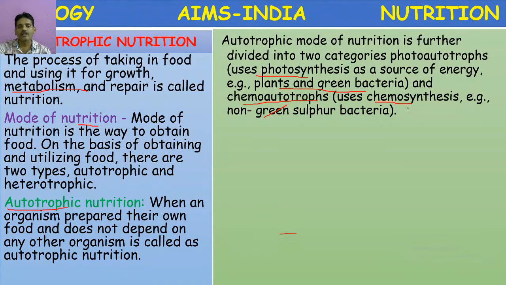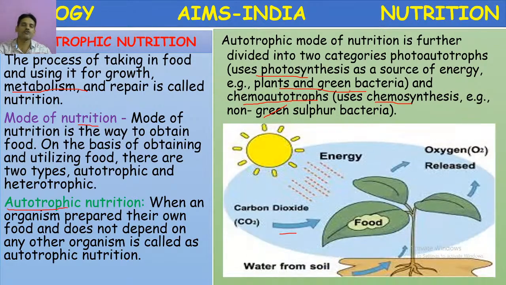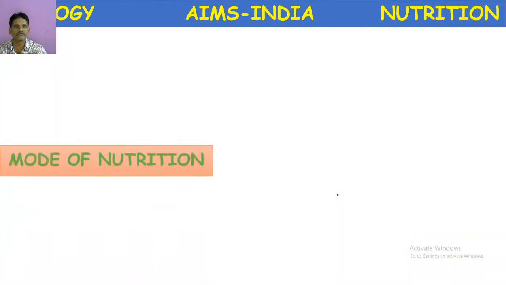For photoautotrophs, the energy required is sunlight. If sunlight is utilized, then these organisms are called photoautotrophs. Let us proceed to see how the process takes place.